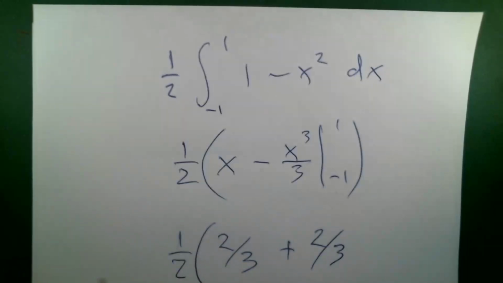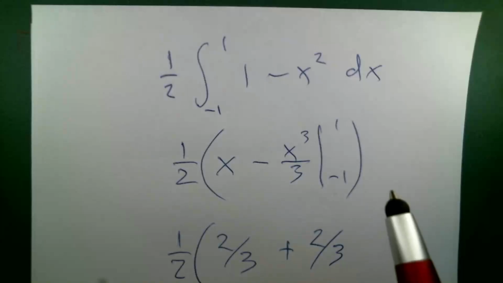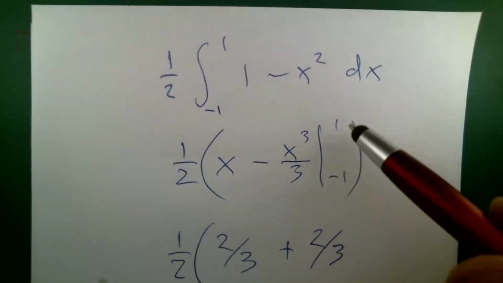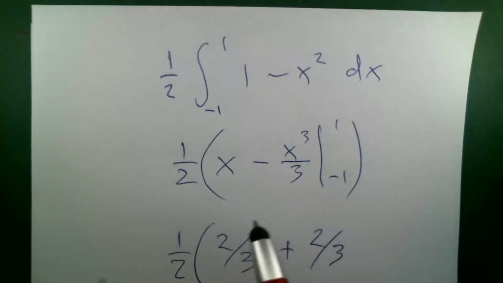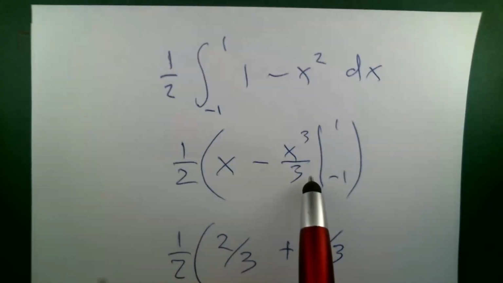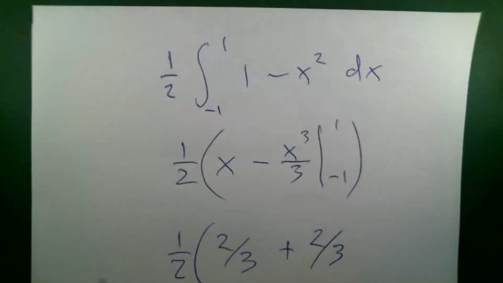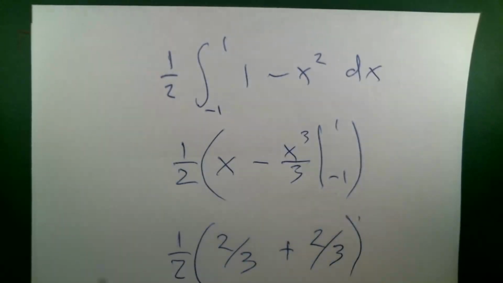But the upshot is that when you have symmetrical endpoints like this for the calculation, and you've got odd antiderivatives in there, you can just double. I feel like I said that really poorly.